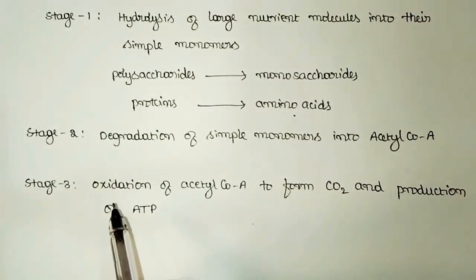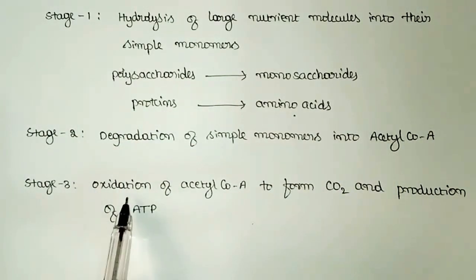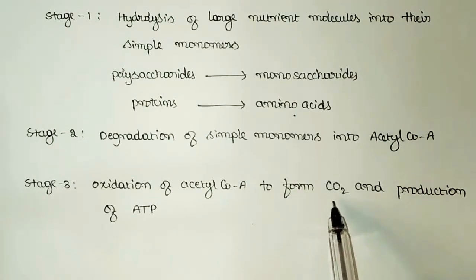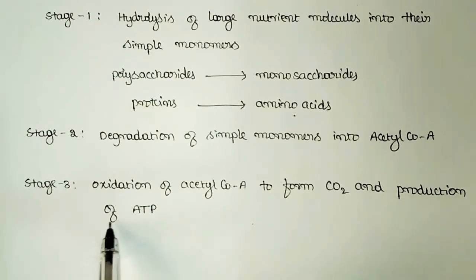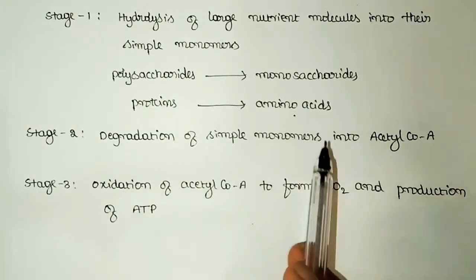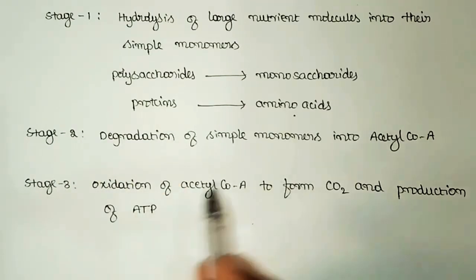In stage 3, the acetyl coenzyme A which is produced in stage 2 will undergo oxidation, and by oxidation acetyl coenzyme A will be converted into carbon dioxide, and along with that there occurs production of ATP. And how will this production of ATP happen? This is mainly due to transfer of electrons to molecular oxygen through oxidative phosphorylation.